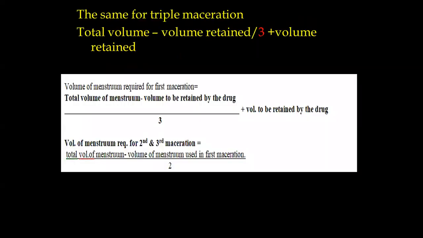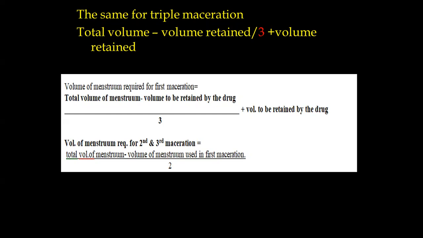The same process you can apply for a triple maceration process. As the name implies, three times we are going to do a maceration. What is the formula we use for triple maceration? For the first maceration, the total volume of menstruum minus the volume retained by the drug, divided by 3, plus the volume retained by the drug.